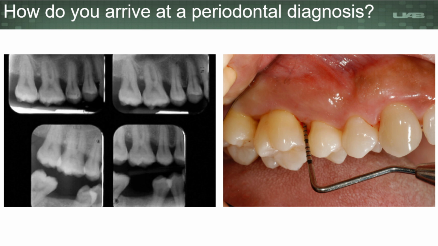So in this case, if we were to chart pockets of 5 millimeters and a gingival margin of 0, we now say that this patient has 5 millimeters of attachment loss, and that actually is not true.